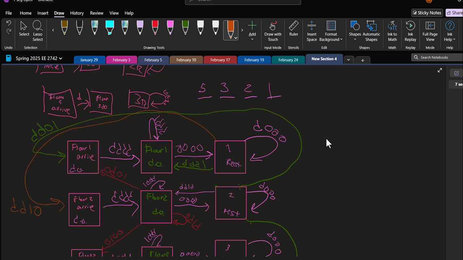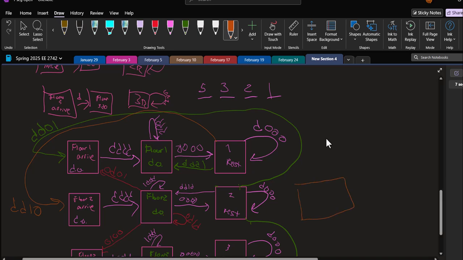It can only go to one floor per clock cycle. So it's going to go to floor 2, but it can't go to any of these states because if nothing else is selected, it should continue on to floor 3. So I'm going to do this one way and you may decide that you want to do it an easier way. So I'm going to have another state here that I'm going to call floor 2 going up with the door closed.